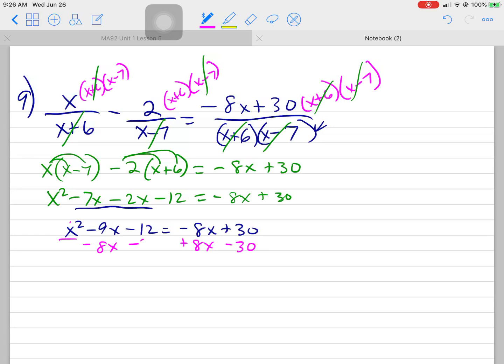I'm adding the opposite, is what I call it. So that makes 0 on this side. And then over here, I'm adding things up. I'm going to check my signs real quick. Oh, yeah, I put that a plus. All right.